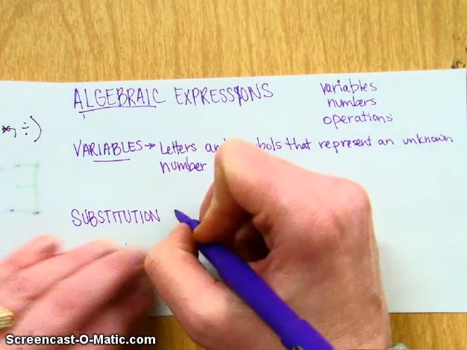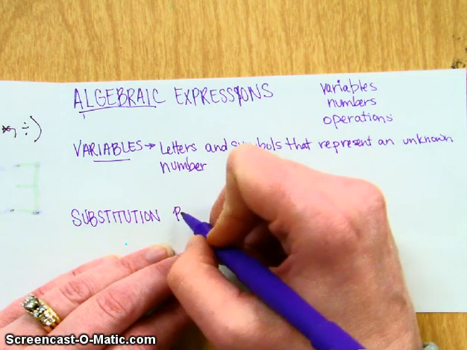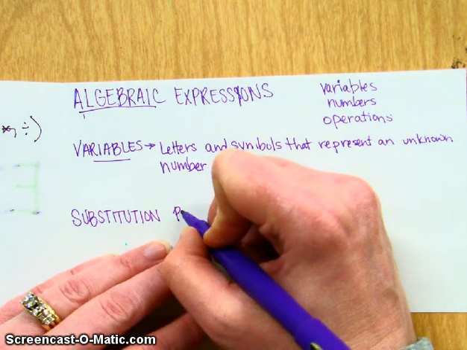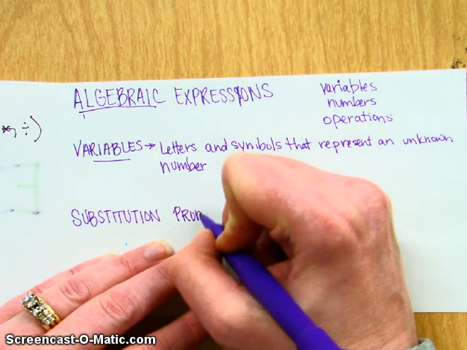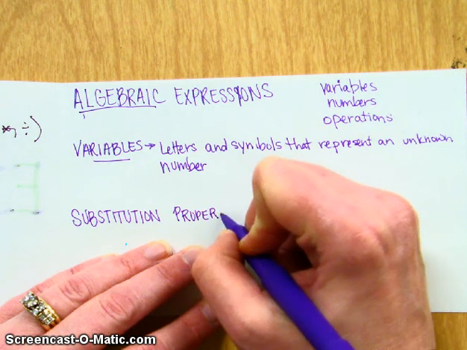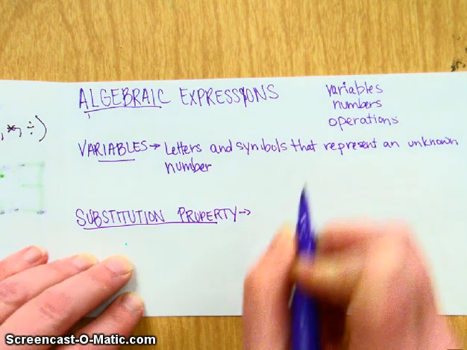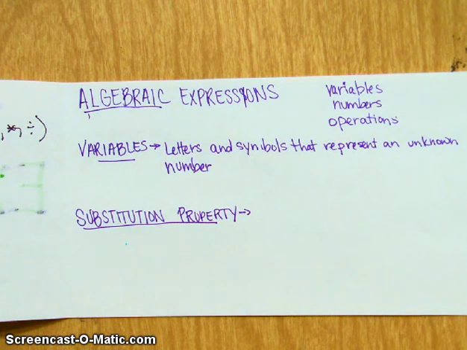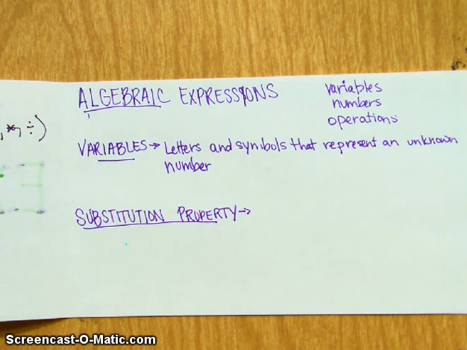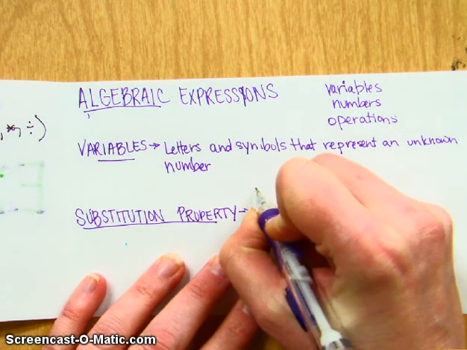Something you need to know when you're dealing with algebraic expressions is what we call the substitution property. Now, you deal with the substitution property in other forms besides math. Some places that you might deal with that would be in sports.